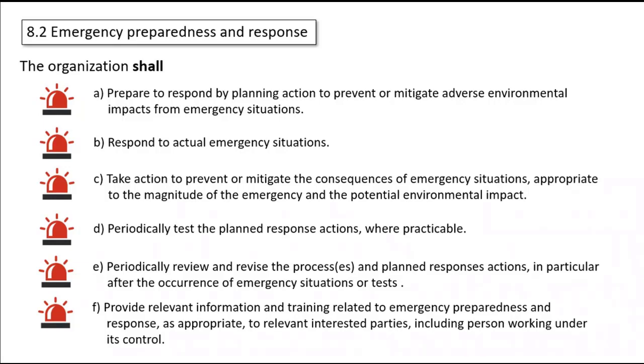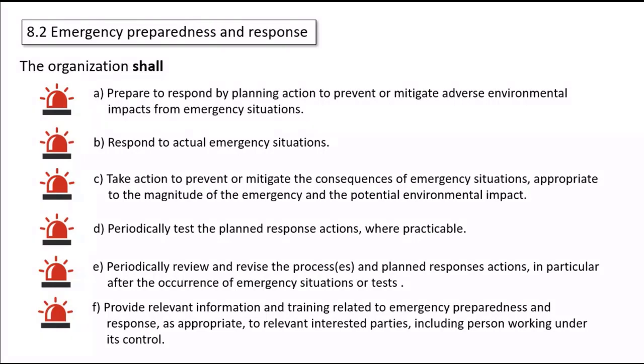Okay, why does it state here relevant interested party? For example, like a fire drill. To do a fire drill, normally you also test by giving a call to the fire department, and the fire department will respond, and they will also see how long it takes them to arrive at your place or your premises.